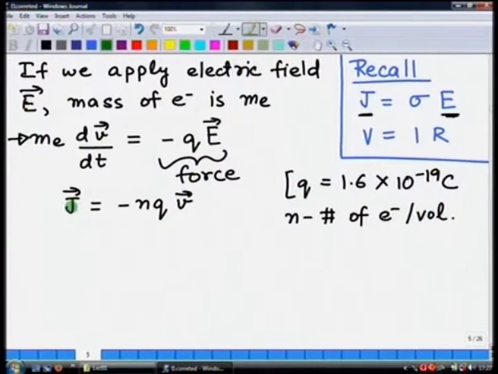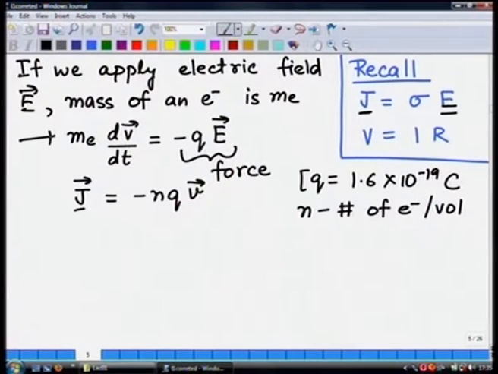You know that if you apply an electric field, you get a unique value of current density, meaning if you apply a certain voltage, you get a fixed current. These two equations say that velocity will increase in time, therefore J will increase in time, so current will continue to increase in time. That's contrary to our observation, so something is wrong.